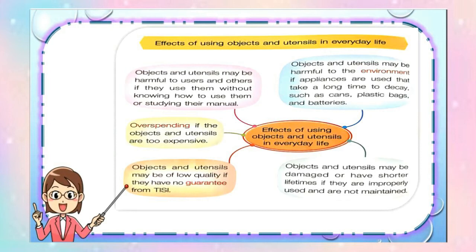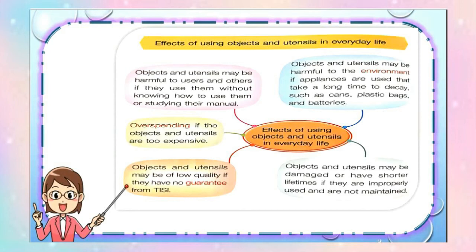Okay, next. Objects and utensils may be harmful to the environment if appliances are used that take a long time to decay, such as cans, plastic bags, and batteries. So that's why we need to use recyclable or reusable materials, okay? It's very important to help our environment. Next, the last one.